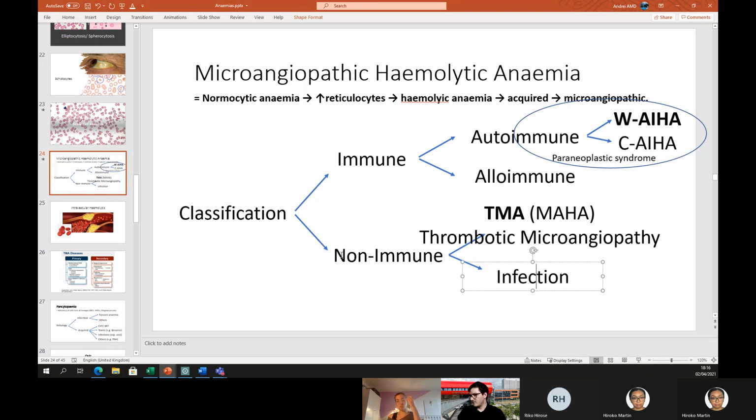And then also another cause of non-immune is infection. So you have, for example, malaria, which is a parasite that specifically infects red blood cells and then that leads to hemolysis.